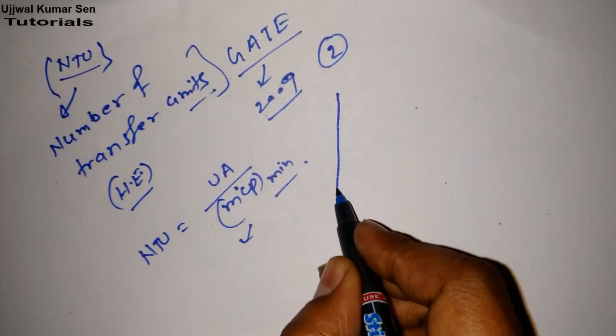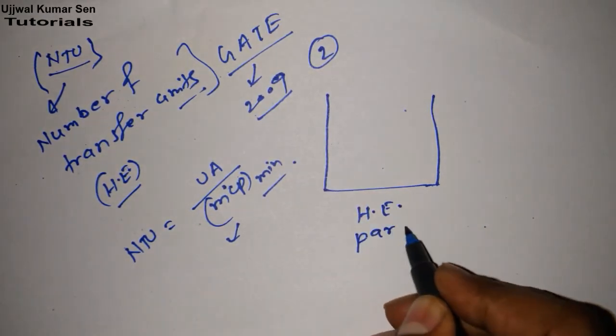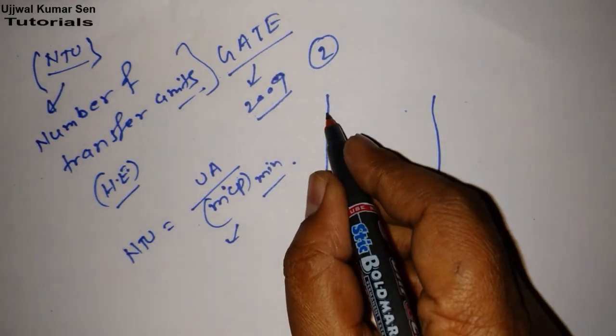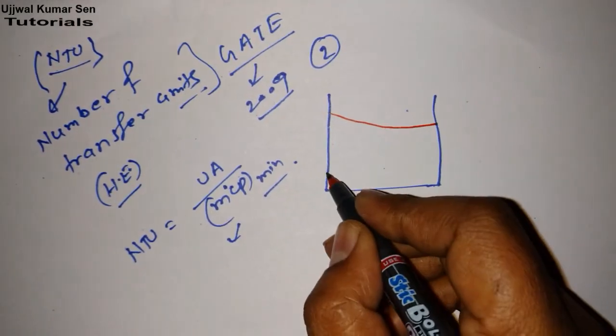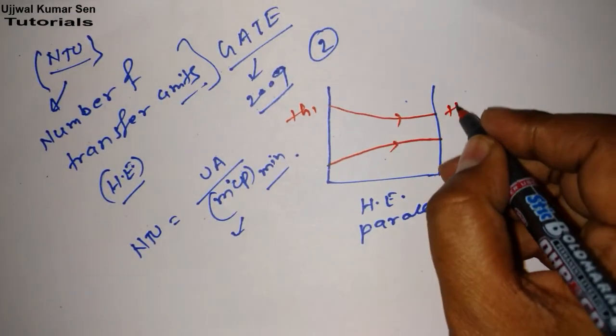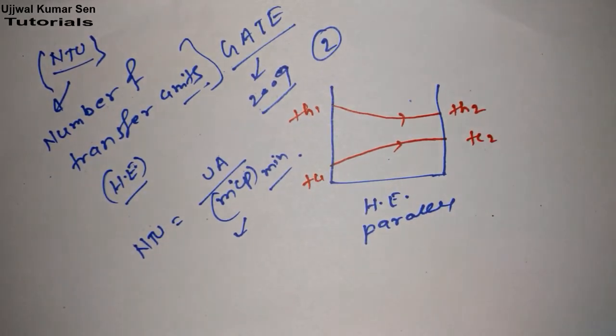Suppose that we have a heat exchanger, a parallel flow heat exchanger. In a parallel flow heat exchanger, it looks like this. Suppose this is TH1, this is TH2, this is TC1, and this is TC2.